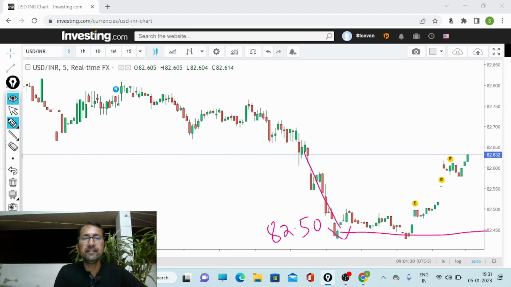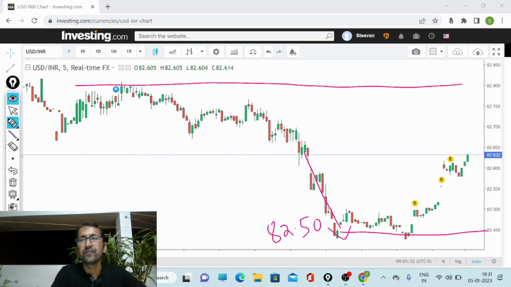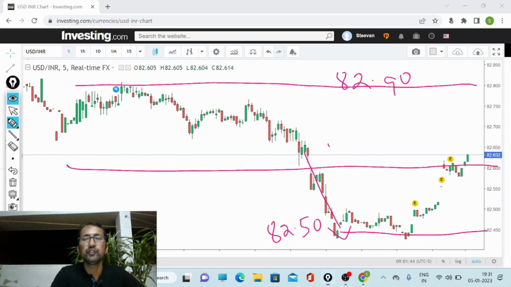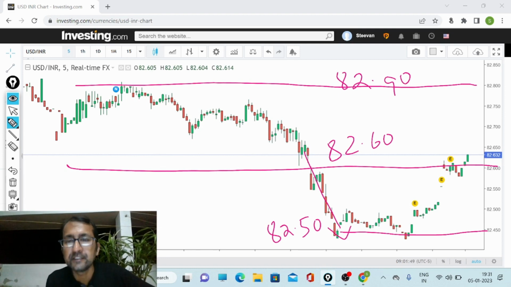It has been trading in a range from 82.90 around till 82.60. Today it broke that particular range and it traded lower.